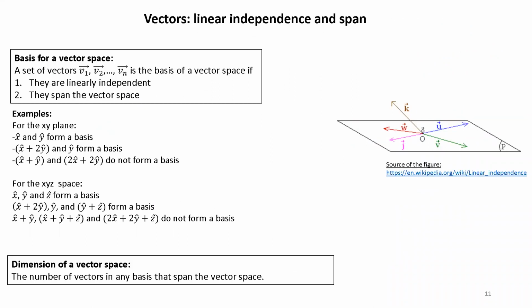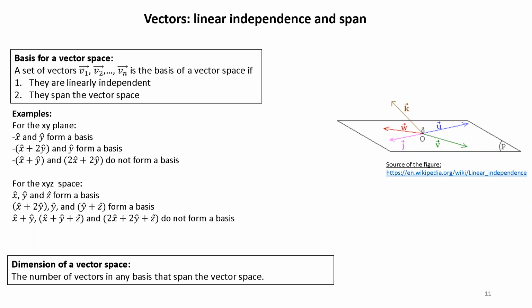Another definition here is the so-called basis, the basis of a vector space. A set of vectors, again from V1 to Vn, is a basis of a vector space if they are linearly independent and if they span the vector space.